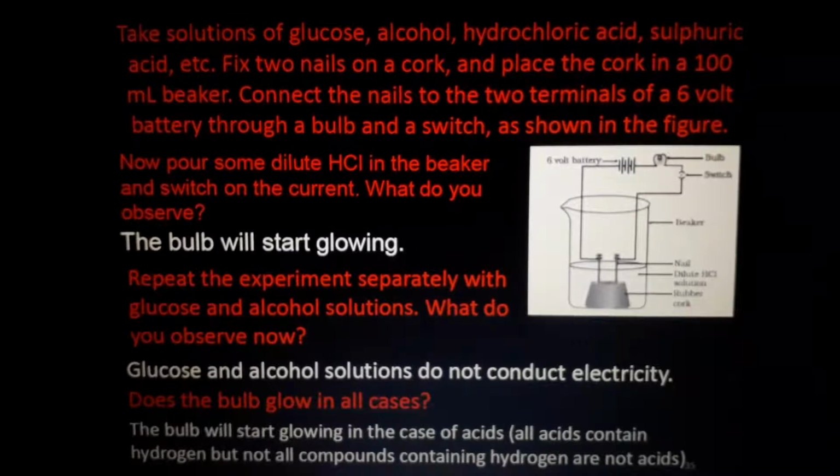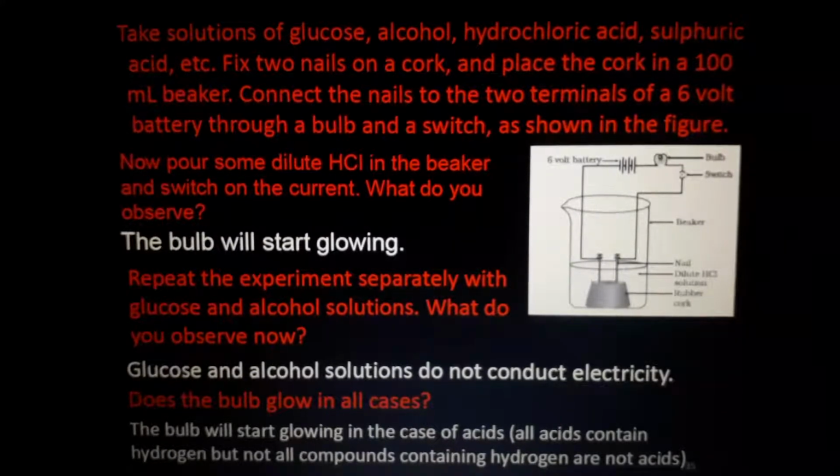Why? Because acid solutions are good conductors of electricity. They release H plus ions, and the H plus ions will move from here to here and conduct electricity. Understand? In the case of any acid we are taking, acetic acid, tartaric acid, citric acid, hydrochloric acid, nitric acid, malic acid, whatever acid, we can observe the same property.